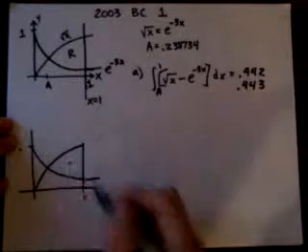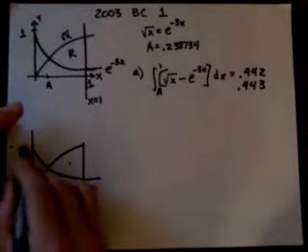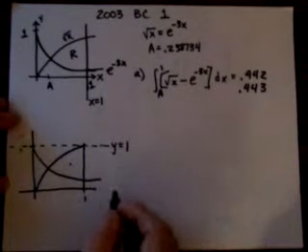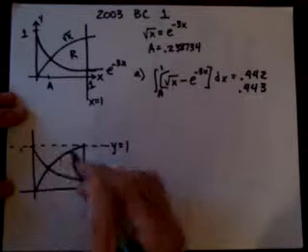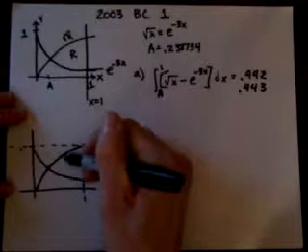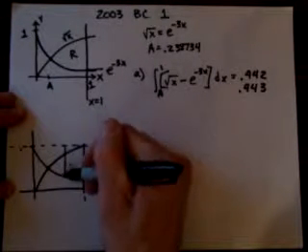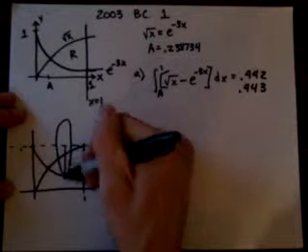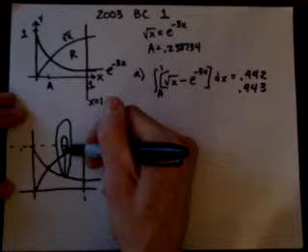It's the same region, but it's revolved around this line, y equals 1. So any cross section is going to have a large radius and a small radius.